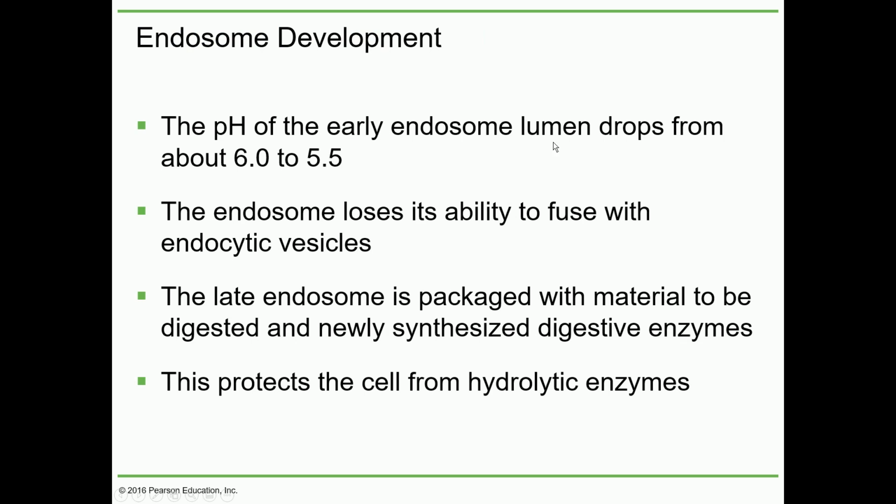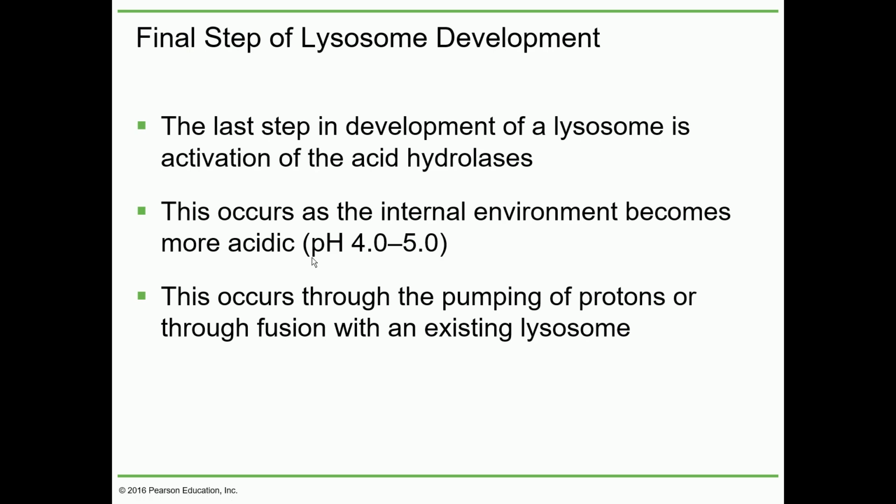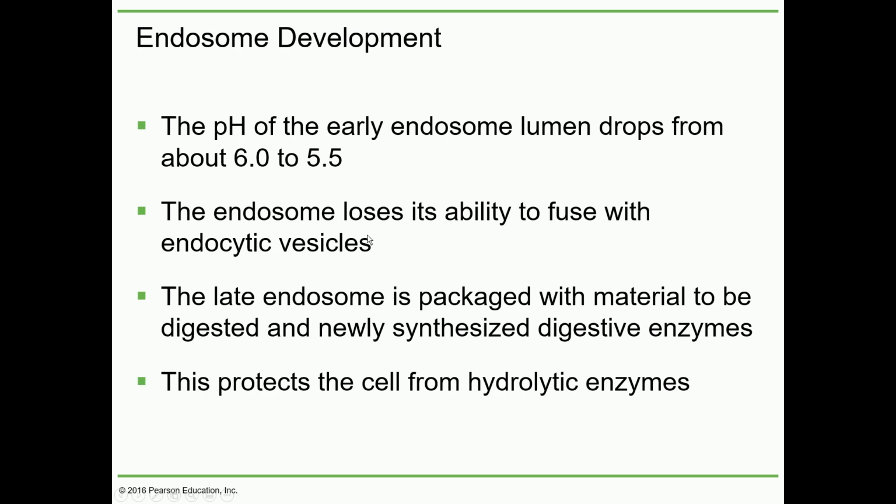So the changes which take place: the pH of the early endosome lumen drops to 6 to 5.5. Once that happens, these endosomes lose the ability to fuse to the endocytic vesicles. The late endosome is packaged with material to be digested and with newly synthesized digestive enzymes.